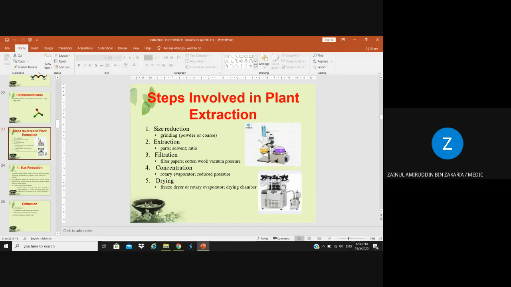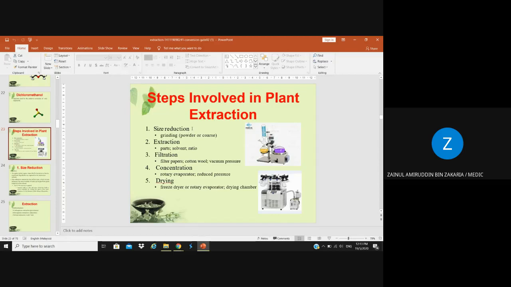No more water, only the dried powder extract. So this is a freeze dry machine. If you go to our pharmacology and physiology lab, we have these 2 machines. Okay. So these are the machines used, important machines if you want to do medicinal plant extraction.